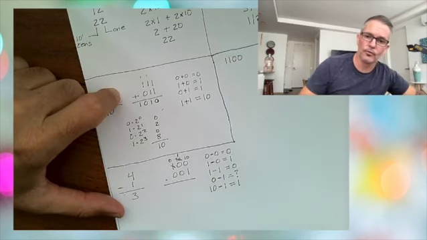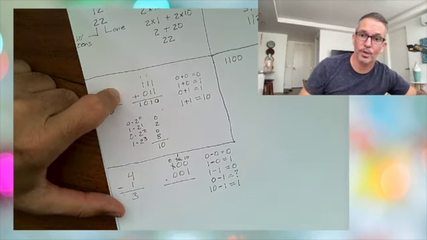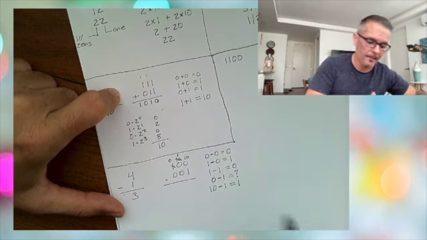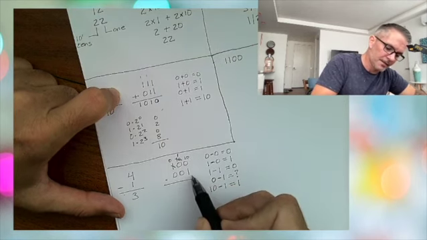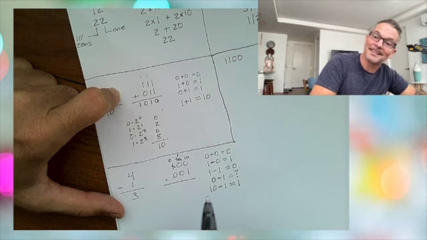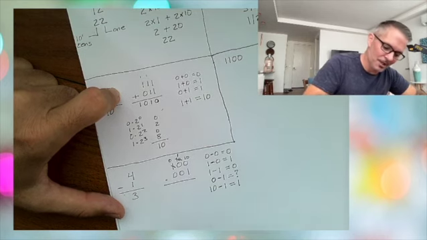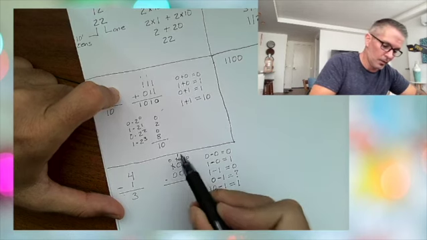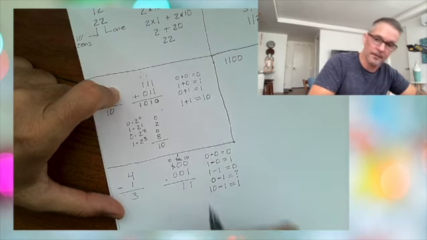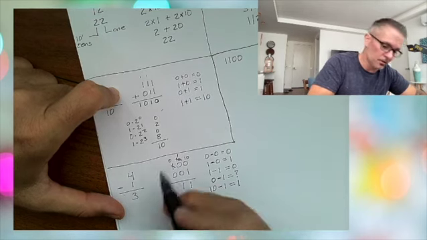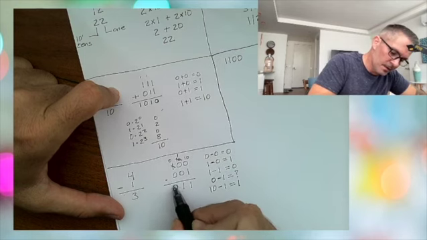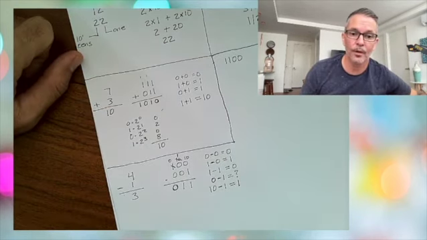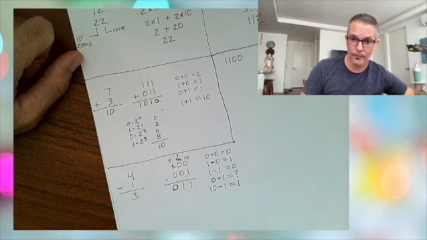So now let's do the operation now that we've borrowed everything the way we need to. 10 minus 1, or sorry, it's not 10. 1, 0 minus 1 is 1, just like our rule says. 1 minus 0 is 1. 0 minus 0 is 0. So I end up with 0, 1, 1. Is that number 3?